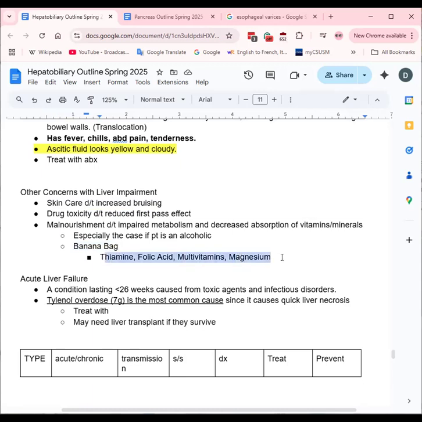So having some of these is important because they're going to be low on it, especially alcoholics. Alcoholics need thiamine to prevent thiamine deficiency, which can lead to altered level of consciousness, psychosis. So that's what the banana bag is for.